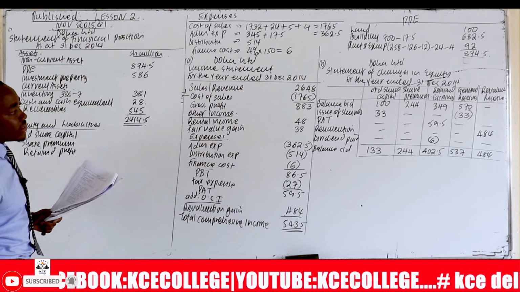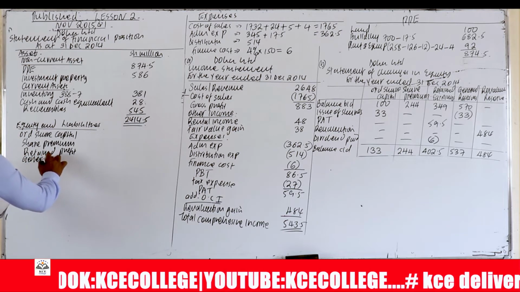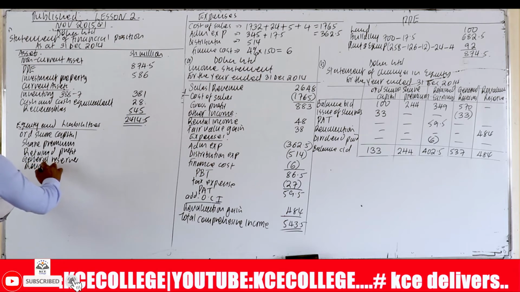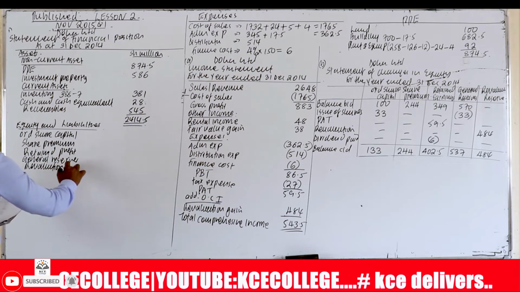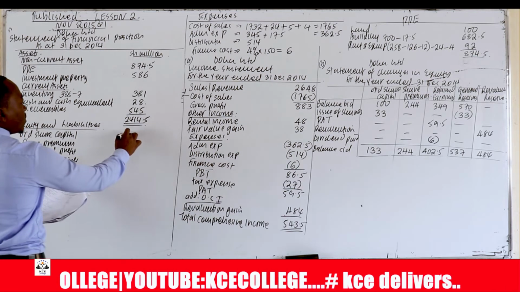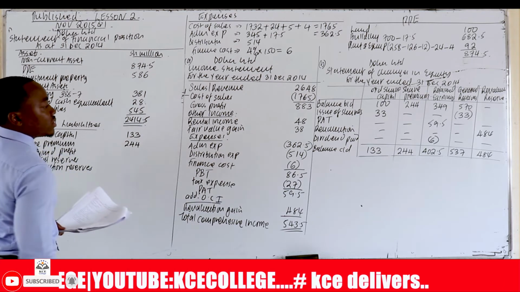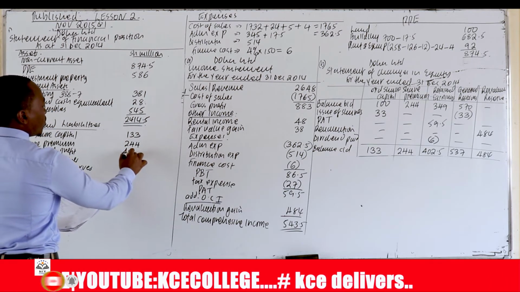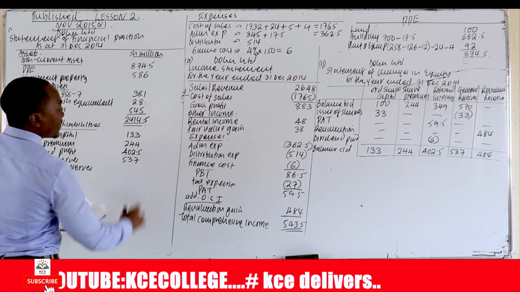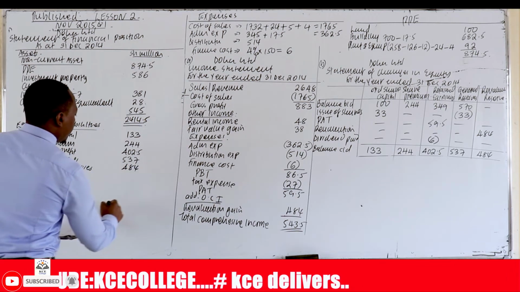We also have general reserves. And then we have the revaluation reserve. So ordinary share capital we have is 133. We have 244. We have 42.5. We have 537. Then we have 484.